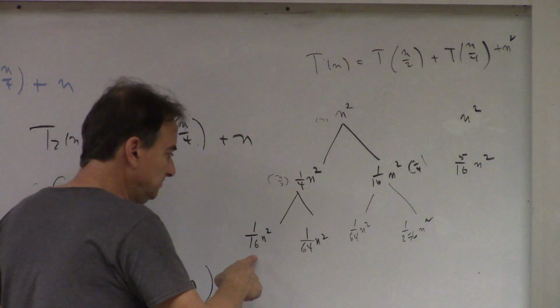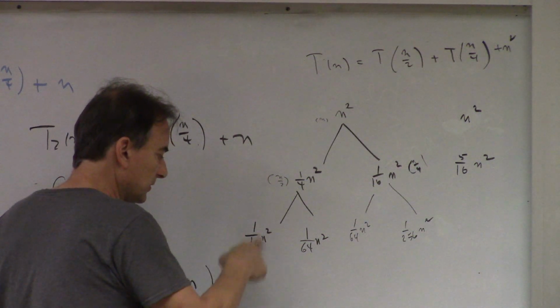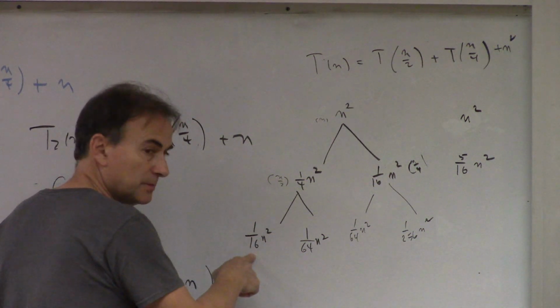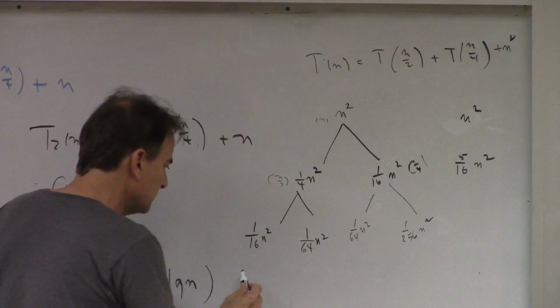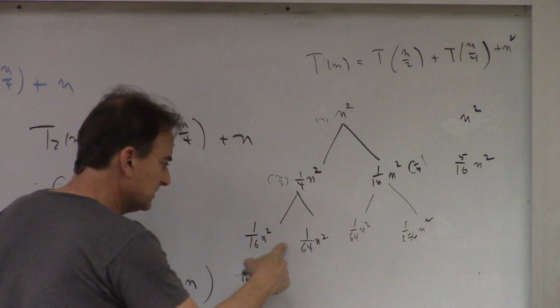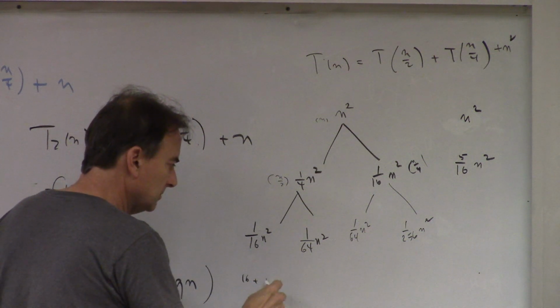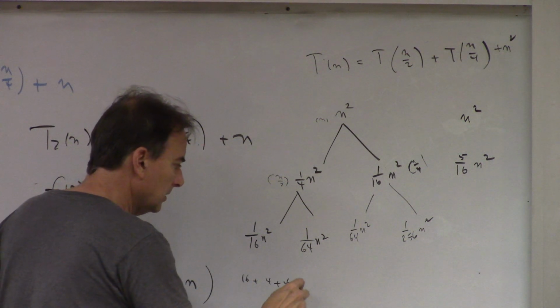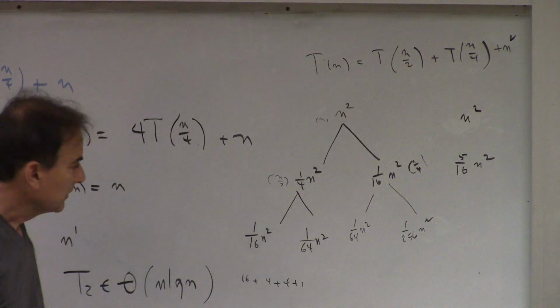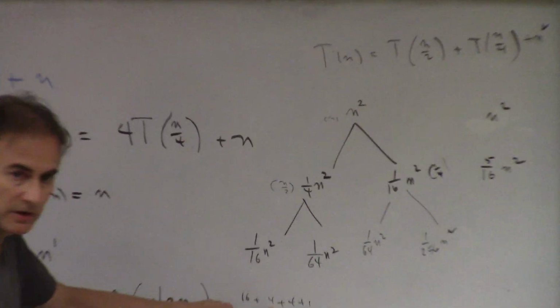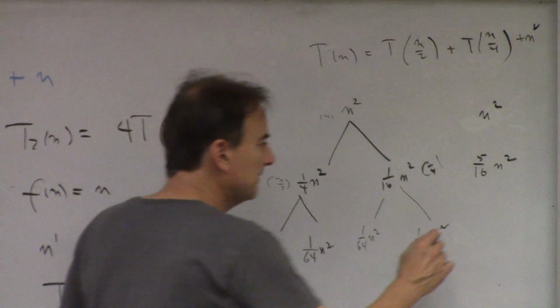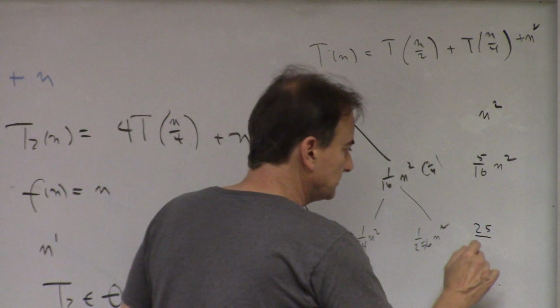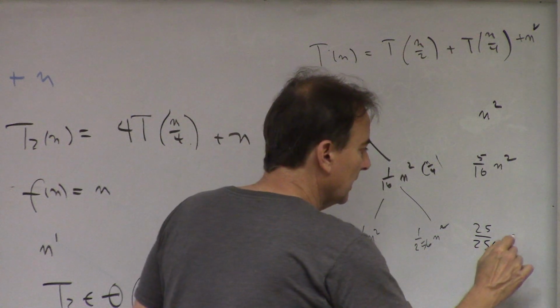So how many of these are how many 256s? It's going to be 16 of them, right? So this is going to be 16 plus how many of this makes 256? 4 plus 4 plus 4 plus 1. It's not too bad. So 16 plus 4 is 20, 24, 25. So what we have is 25 over 256 n squared.